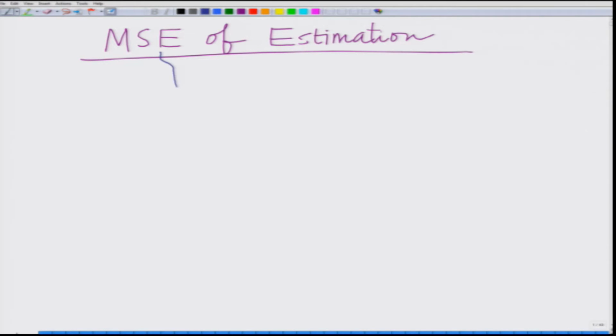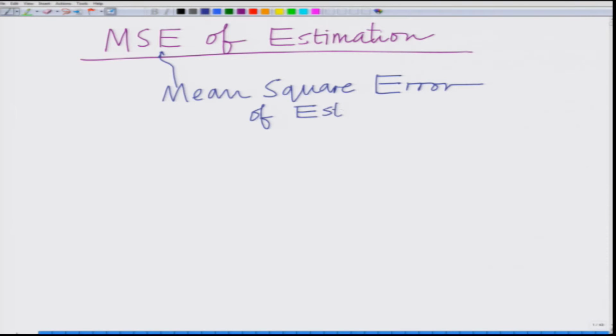MSE stands for the mean squared error, the mean squared error of estimation.